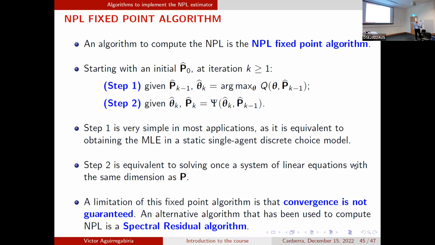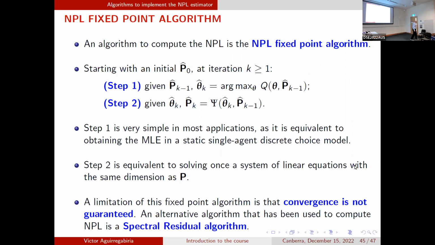For a similar reason, or perhaps for the same subtle reason, as the policy iterations for the solution of a Markov perfect equilibrium, this does not necessarily converge, because we don't have a contraction. This algorithm does not necessarily converge.